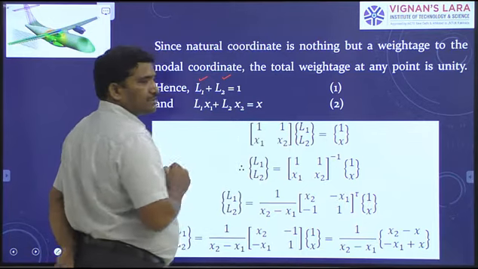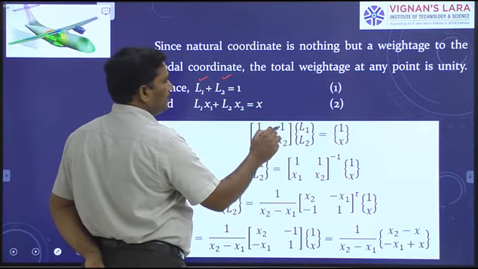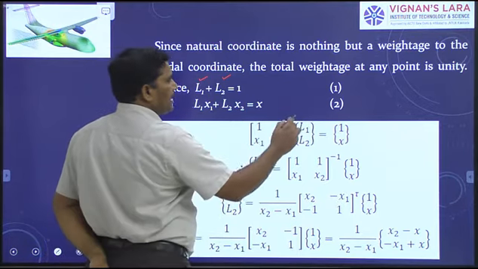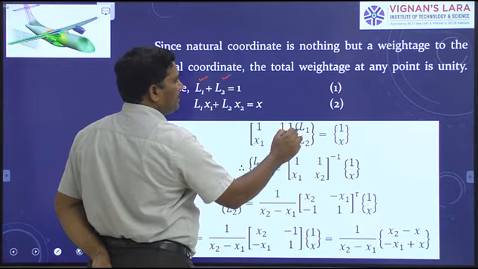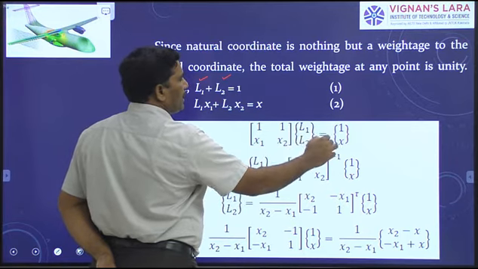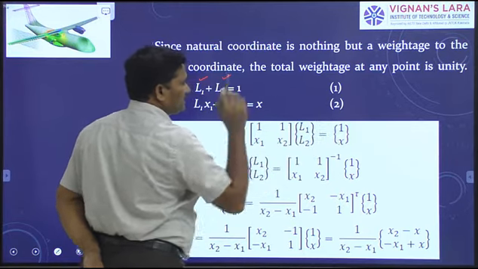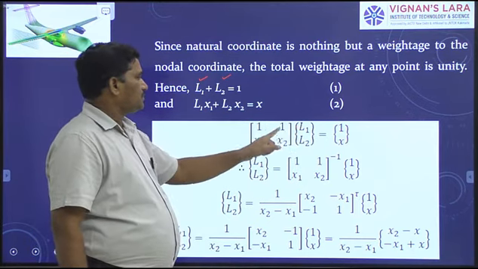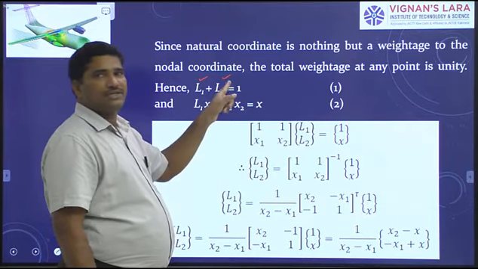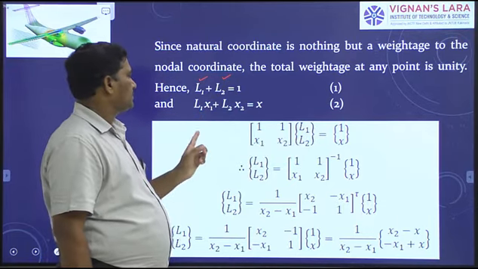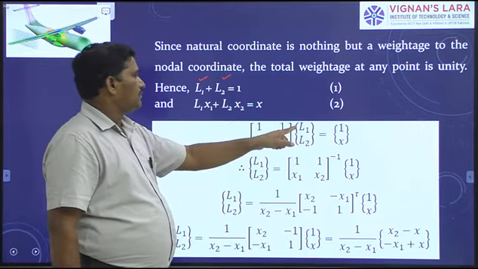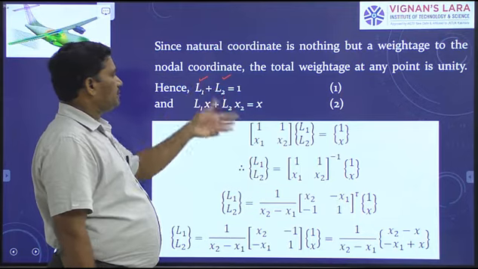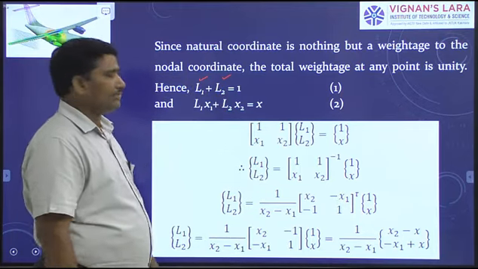A 2 by 2 matrix having elements 1 and 1 in the first row, x1 and x2 in the second row, into a column matrix having the elements L1 and L2, equals a column matrix having the elements 1 and x. If you expand, you get like this. 1 into L1 plus 1 into L2 equals 1, the first equation. Next, x1 into L1 plus x2 into L2 equals x, the second equation you get.